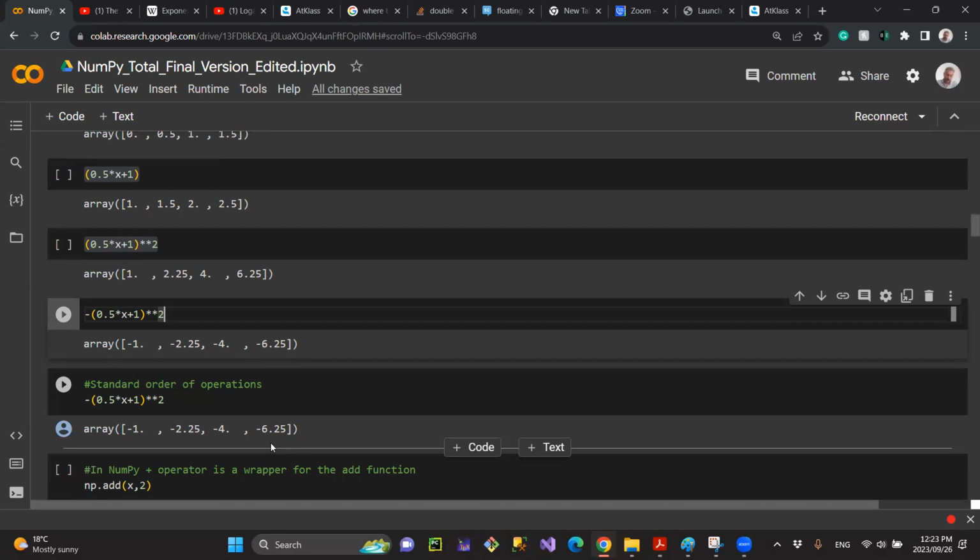This one is exactly like saying plus 2. So before trying this, say x plus 2 and see the result, would you? What happened? It's like MATLAB, having an array of all those values.